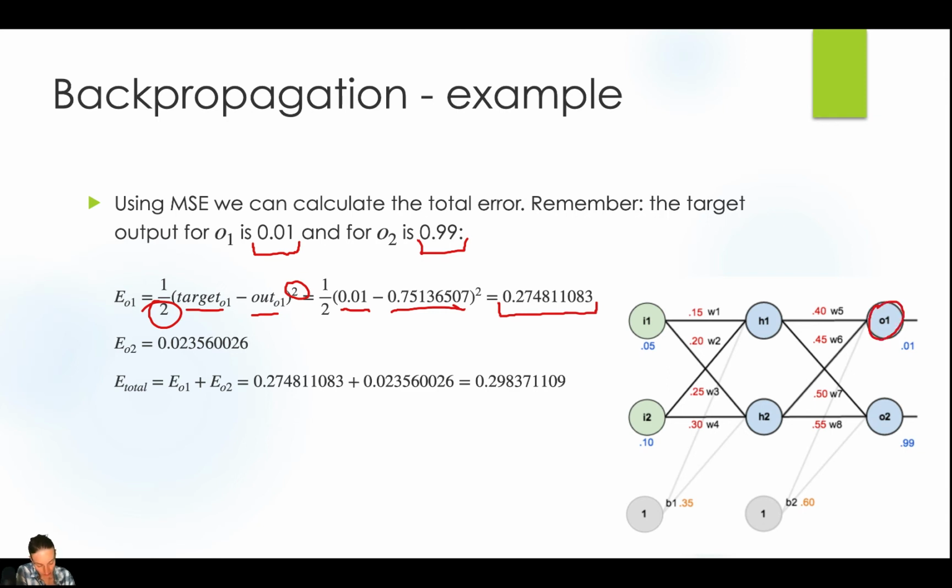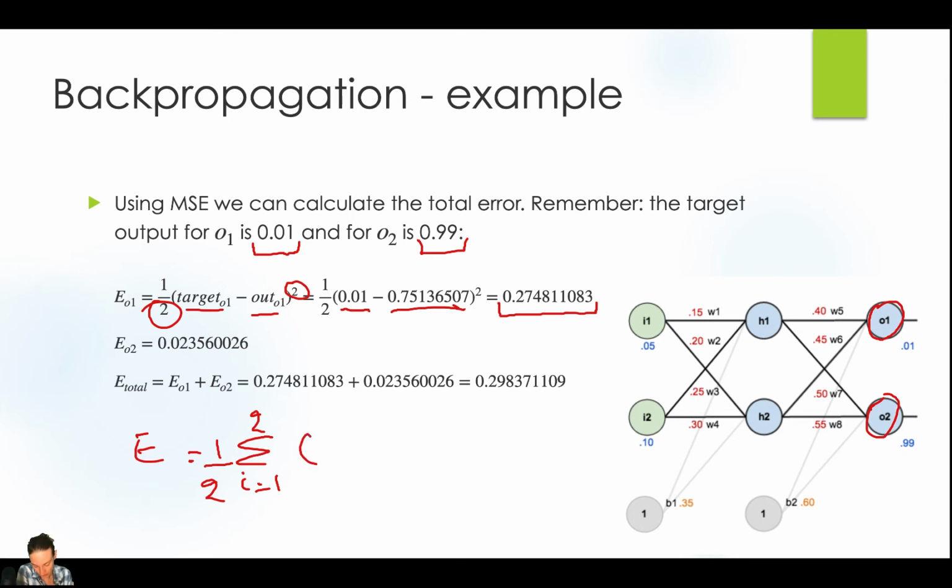We also have a loss resulting from O2, so we can do the exact same thing from output node 2. Now note that it might be more intuitive to look at the total loss as the sum from 1 until 2 of these error terms.